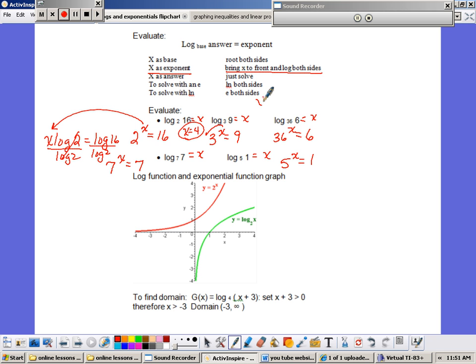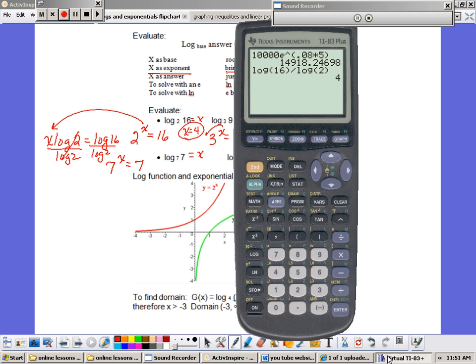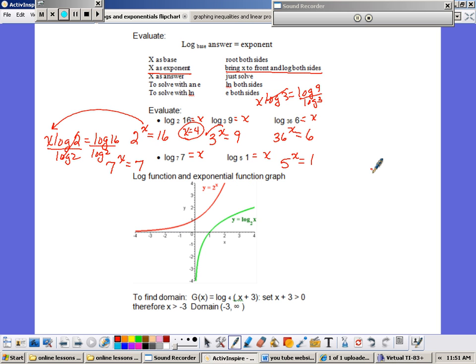The x comes out front, x log of 3 equals the log of 9, divide by the log of 3. Log of 9, don't forget to close your parentheses, divided by the log of 3, 2. So my answer, x, is 2.